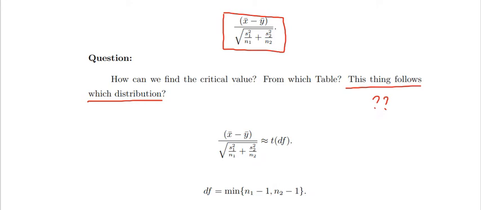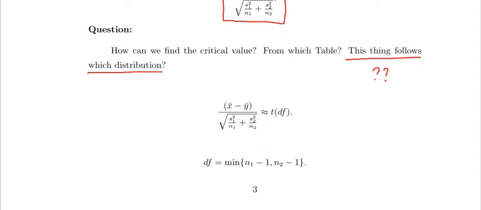So for the T distribution, what is the degree of freedom? The exact formula for degree of freedom is also very complicated. So to make things simple, we just pick this as the degree of freedom.